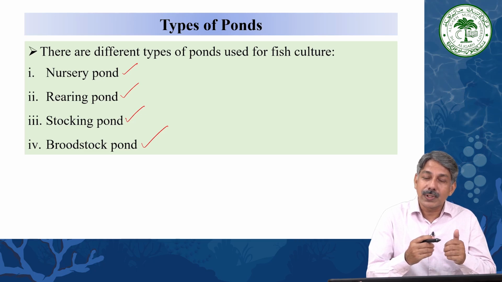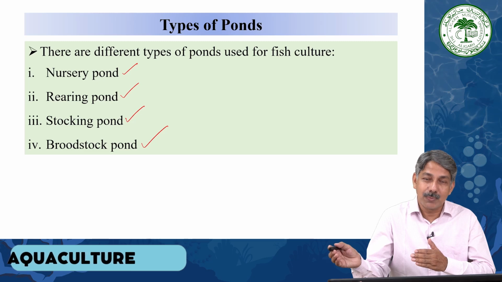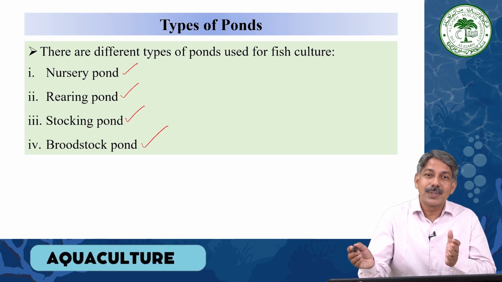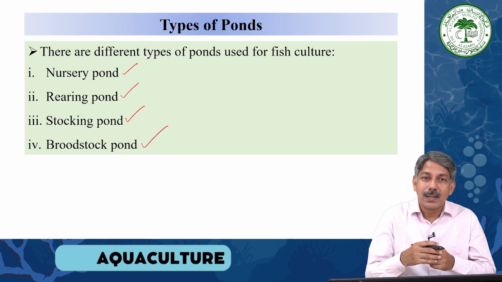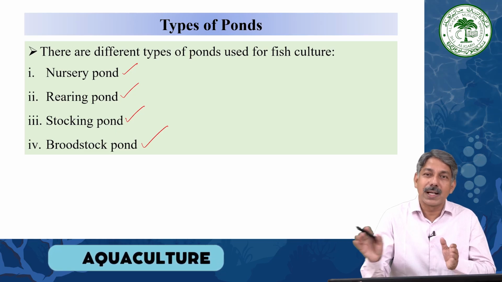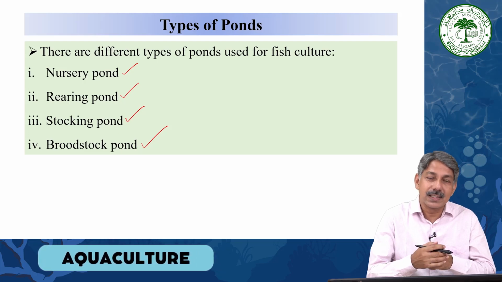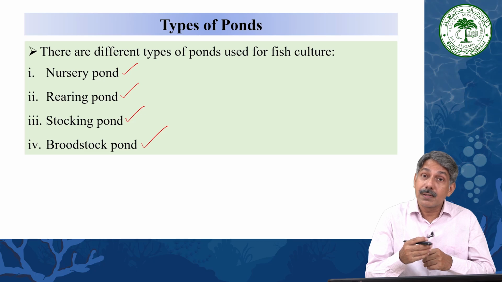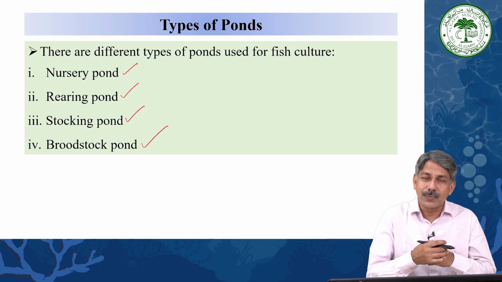They simply harvest the fish and stock it into another pond, which they call a marketing pond. Then when people come to buy the fish, they harvest from that marketing pond. That is not a very usual practice, but it is done in some farms.